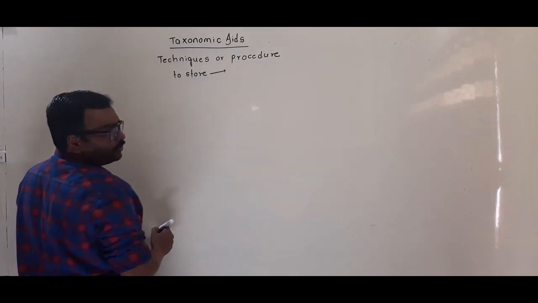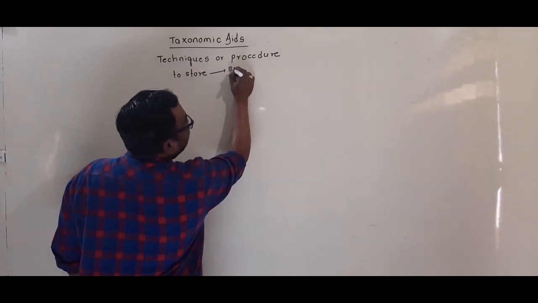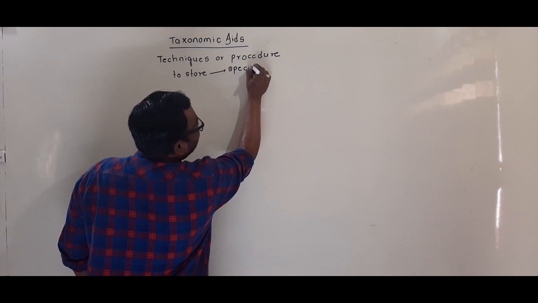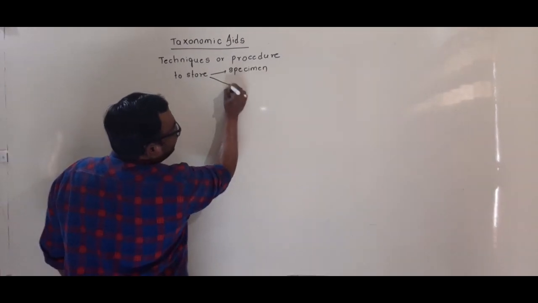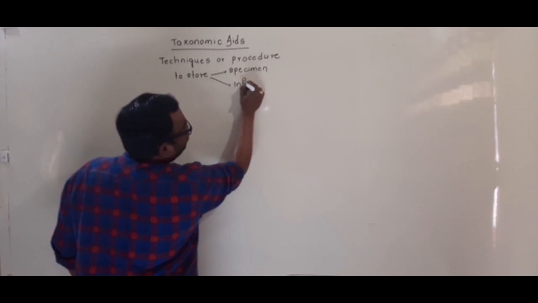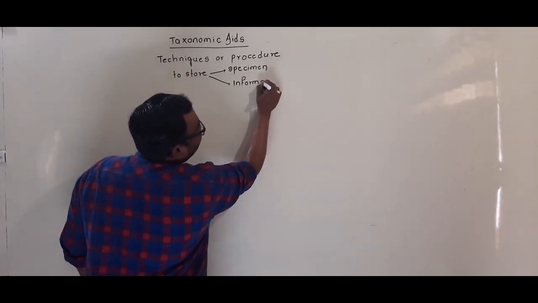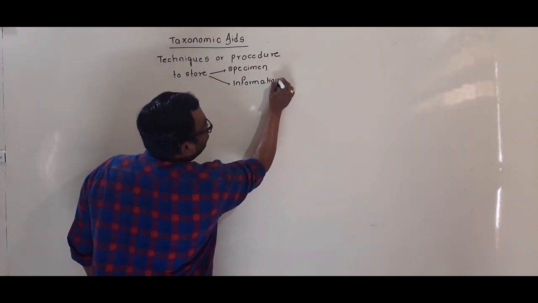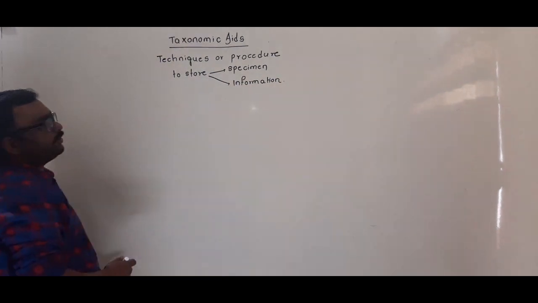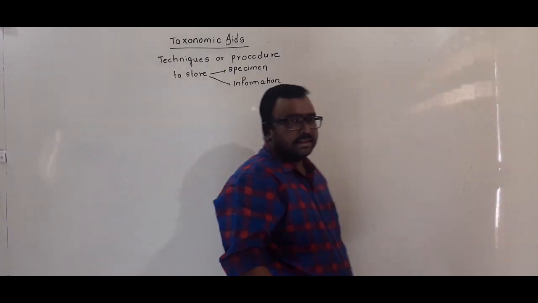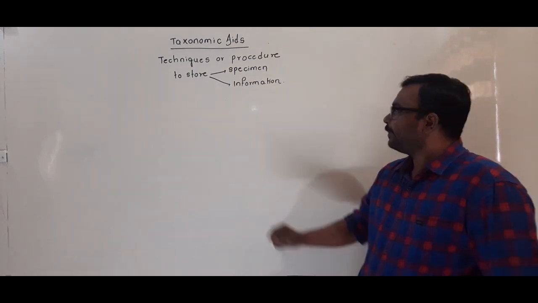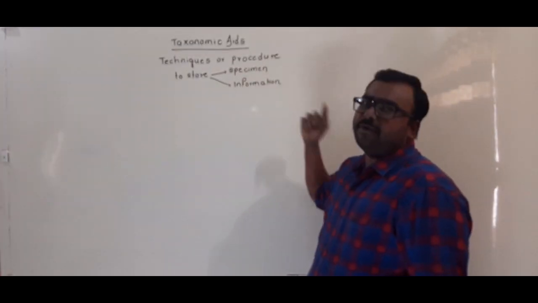First, to store the specimen of plant and animal, and second, to store the information which is gathered. So from now onward, if someone asks you what taxonomic aids are, they are simply techniques or procedures that are used to store the specimen or information.